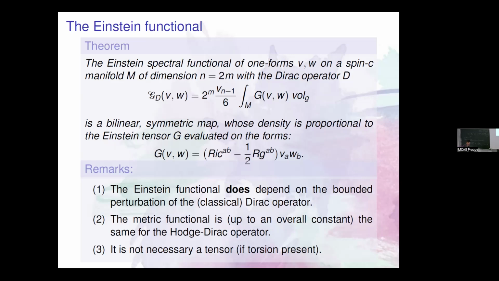Now, there's one tiny remark. It's not always a tensor. From what we know, it's a tensor classically only if the Dirac operator is torsion-free. If the Dirac operator has torsion, then this functional will not give you the Einstein tensor, but the Einstein tensor plus some terms which are not tensorial.